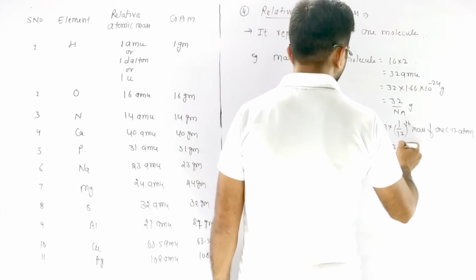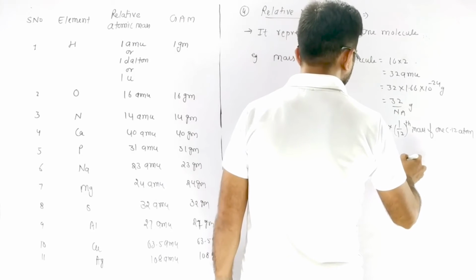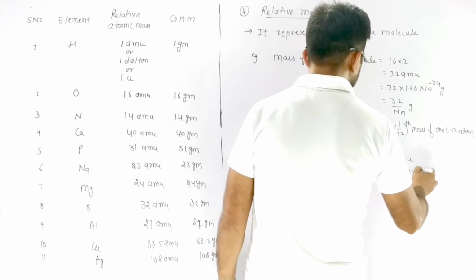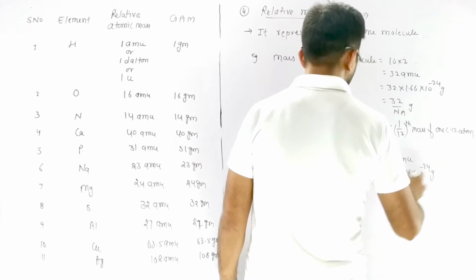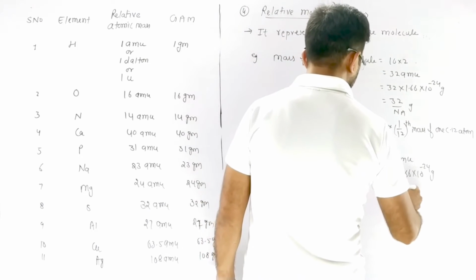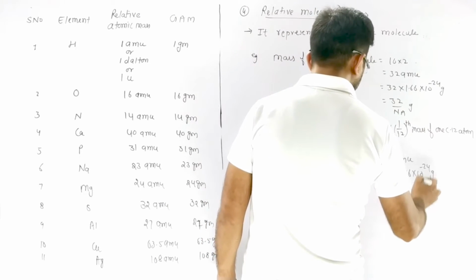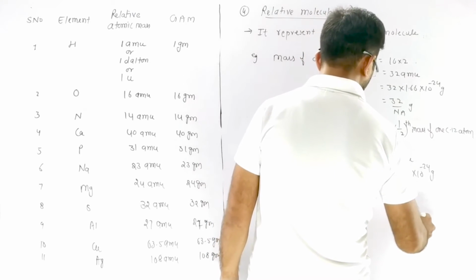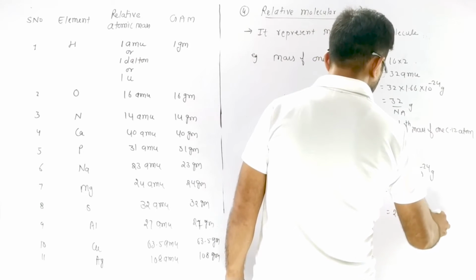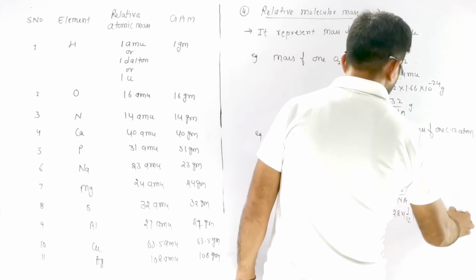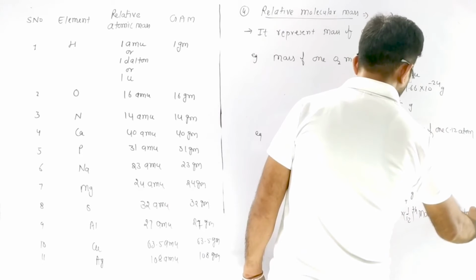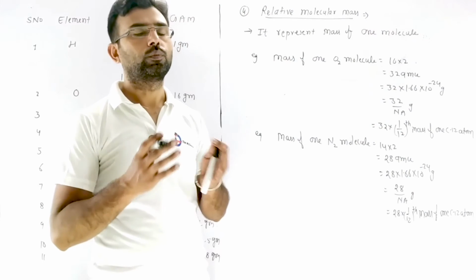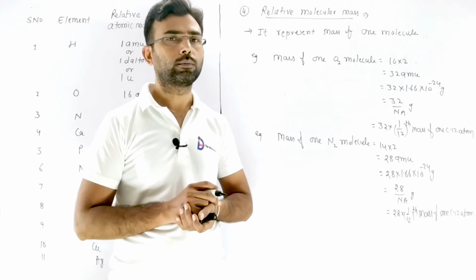So 14 × 2, or 28 AMU, or we write 28 × 1.66 × 10^-24 gram, 28 divided by N_A gram, or 28 × 1/12th the mass of 1 C-12 atom. So these are relative molecular masses, which are specially defined for a single molecule.